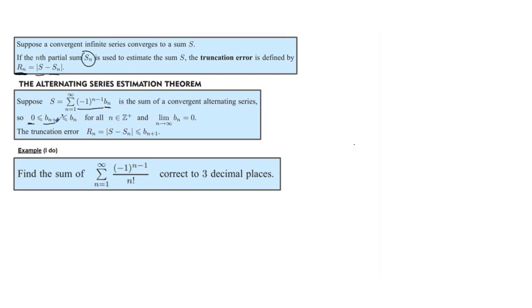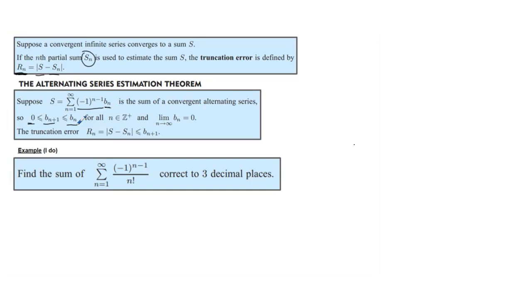And the next term always needs to be less than the current term, so Bn plus 1 needs to be less than or equal to Bn for all positive integer n. And also, the limit as n approaches infinity of Bn equals 0. Those bits are the criteria that need to be met in order for an alternating series to converge.